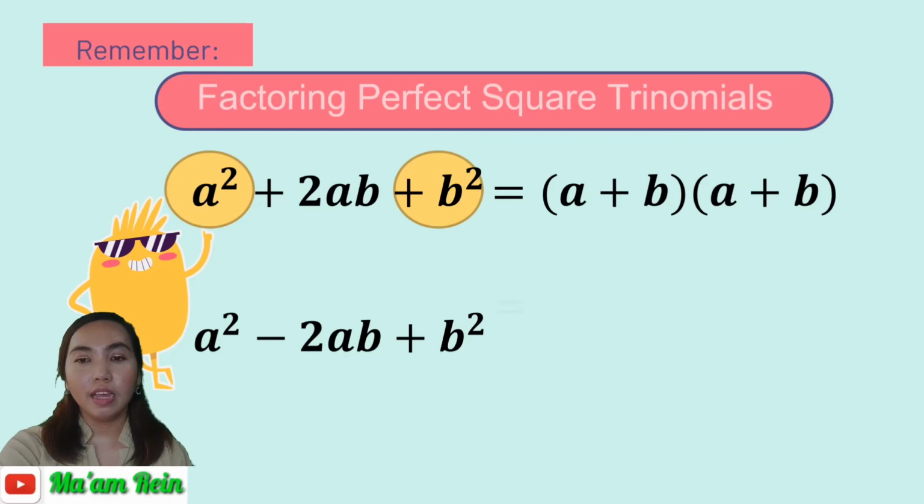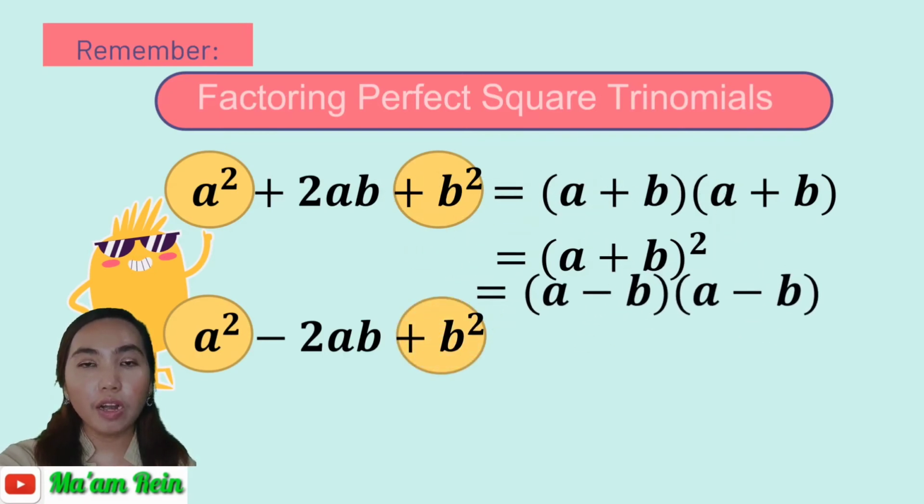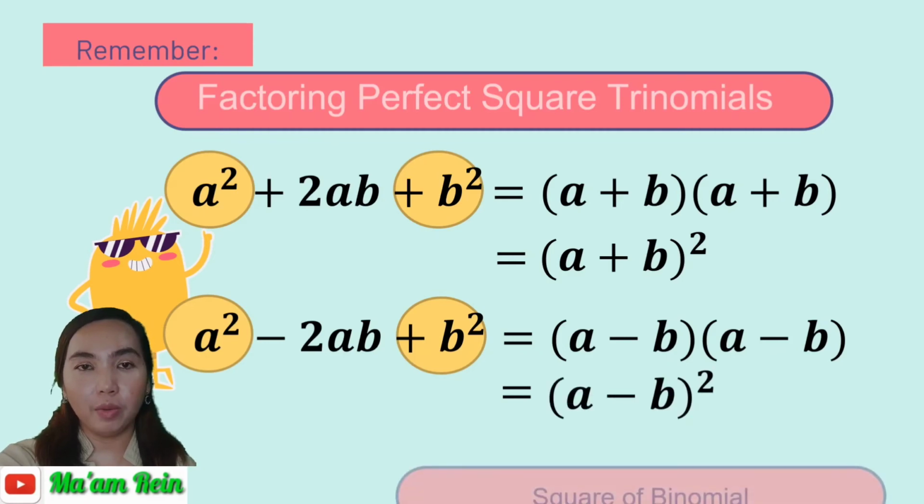And then, lagyan mo lang ng square. Ganon din dun sa difference. Get the square roots, and then will become a minus b times quantity a minus b or a minus b squared. So that will result of a square of a binomial.